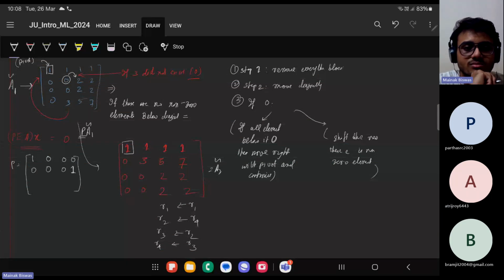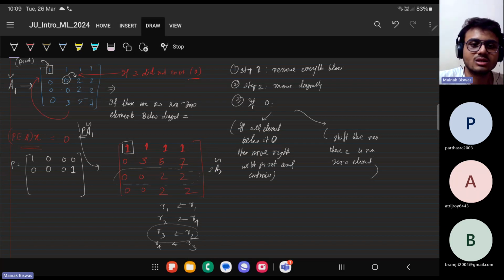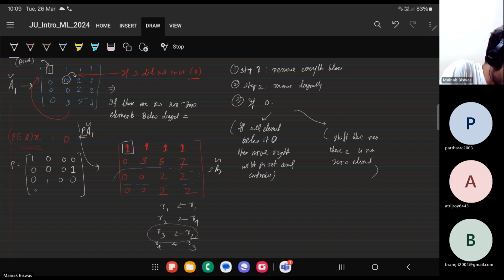Brahmajit, third row. The third row has to be 0 0 0 2, and I'm taking row 2 of the previous matrix, so it will be 0 1 0 0, right? And the fourth row, O3, or Partho, tell me the fourth row.